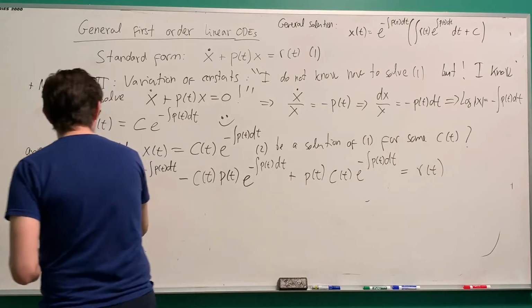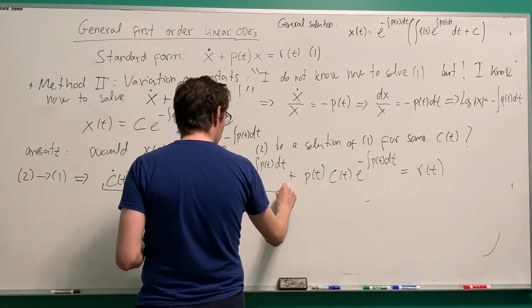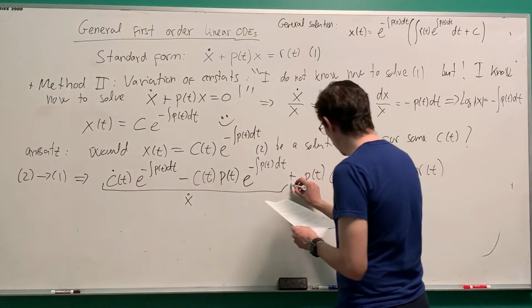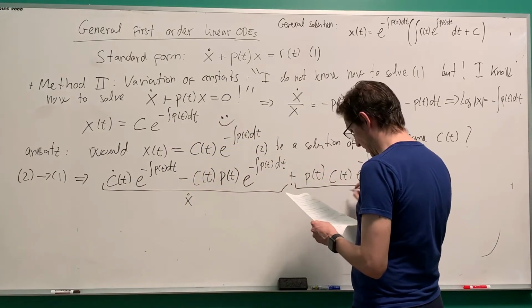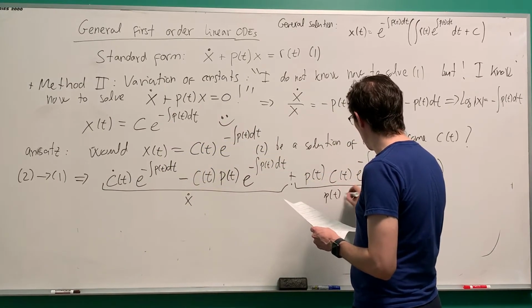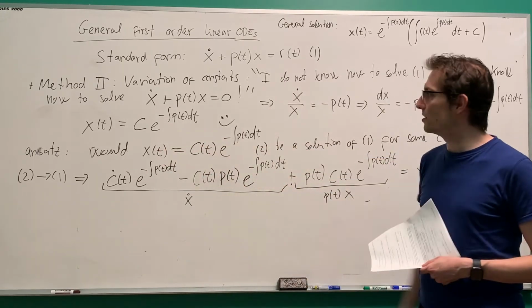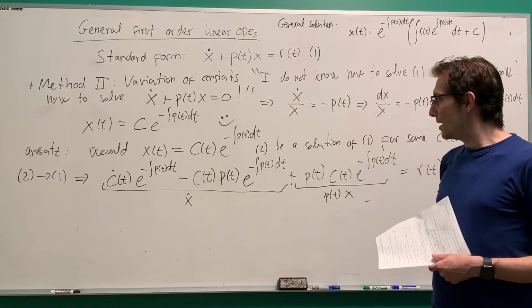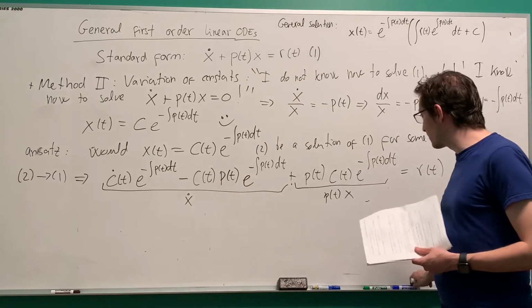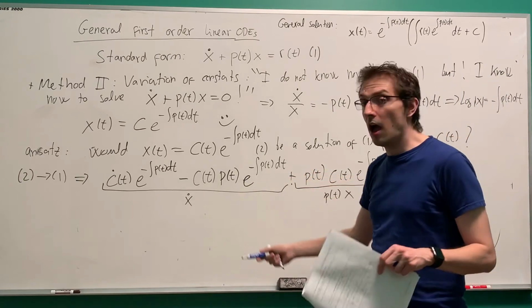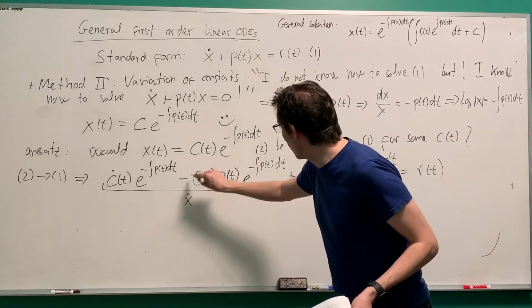All right, so all this thing here is x dot, and this thing here is P of t x, and I substituted x by this equation, equation 2. Now, let's realize something. Look at this. This term here and this term here, they are the same with opposite signs.